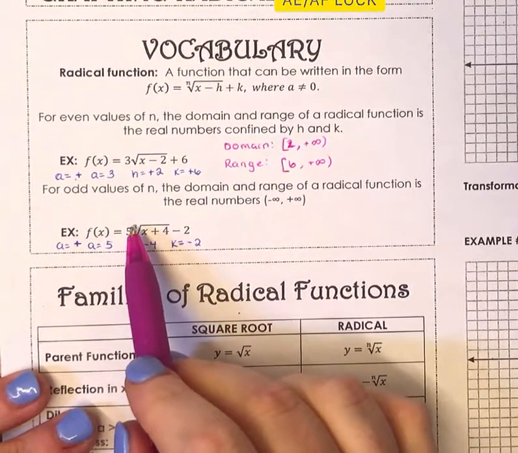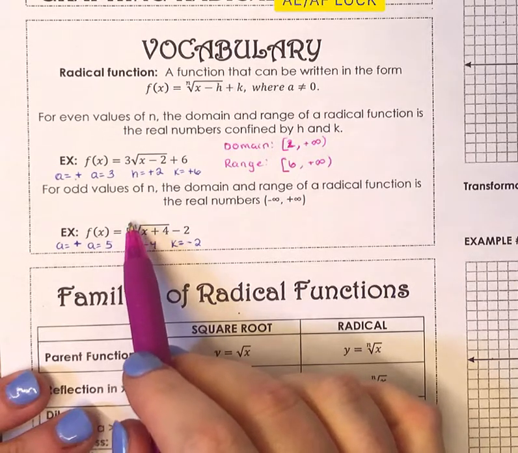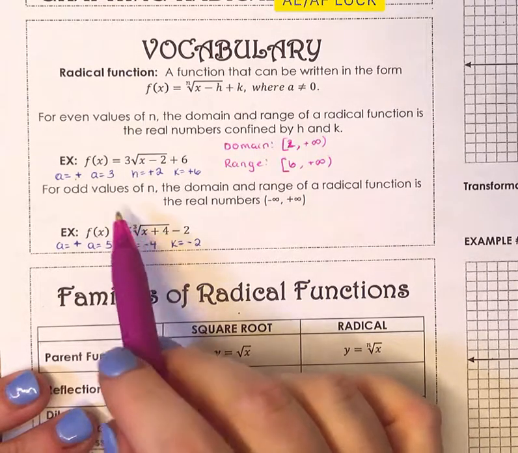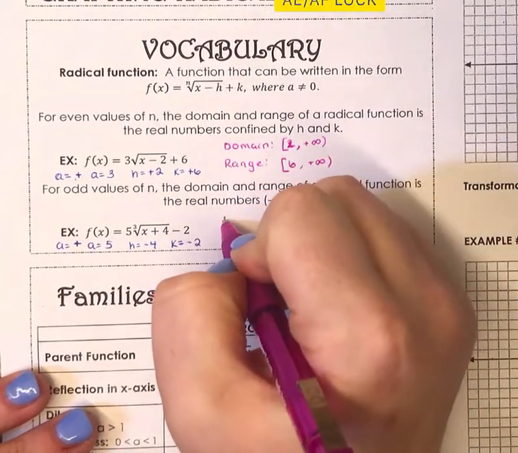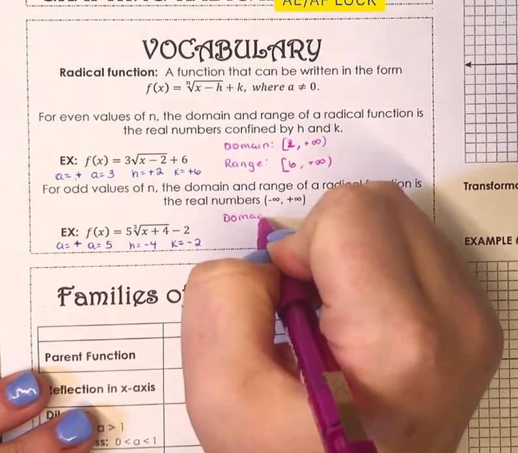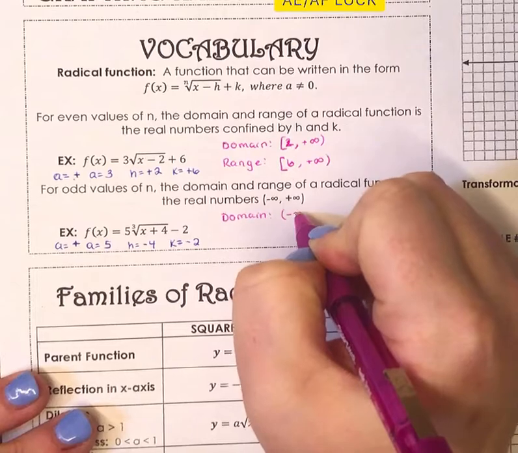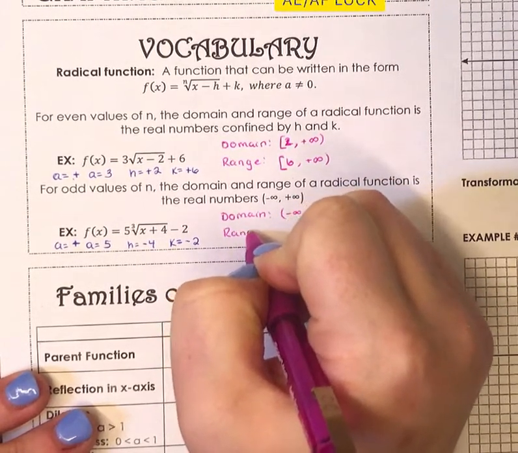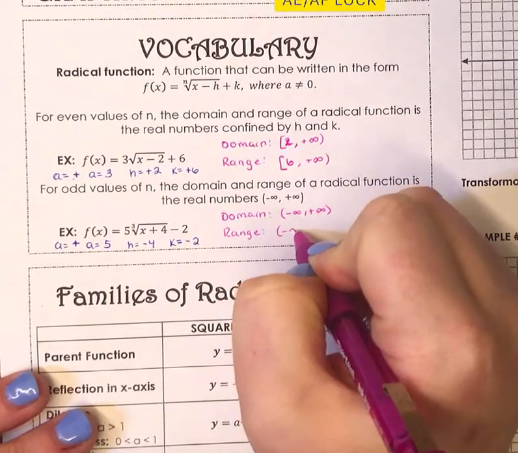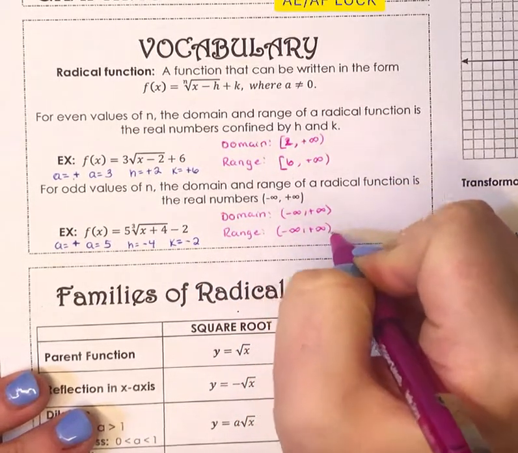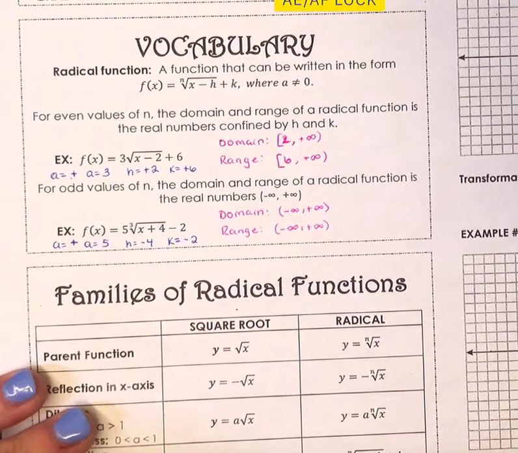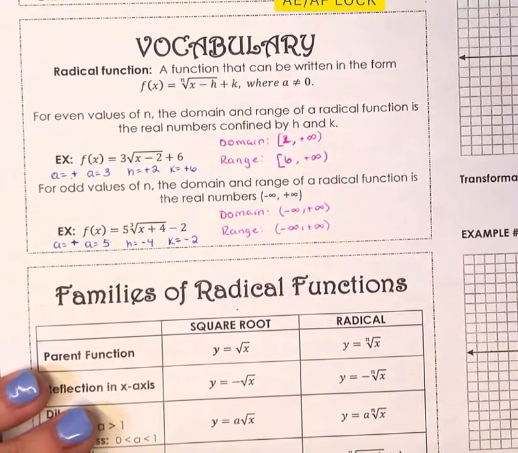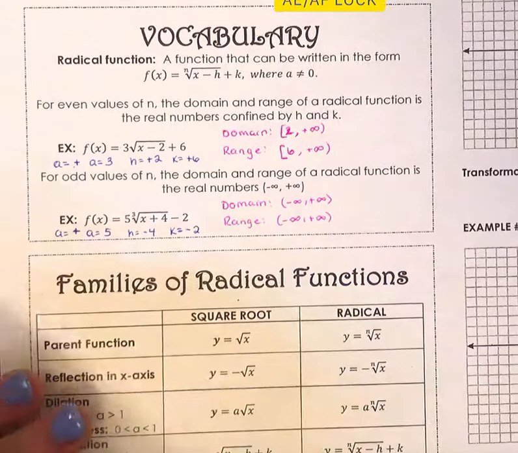Now again, because the index is 3, which is an odd value, our domain is automatically going to be from negative infinity to positive infinity, and our range will be the same. It will be from negative infinity to positive infinity, and that will happen with any cubed, fifth, seventh, ninth root, any odd root. We'll get these.